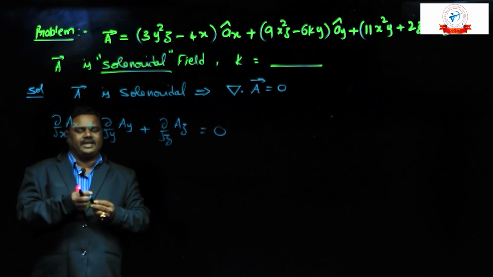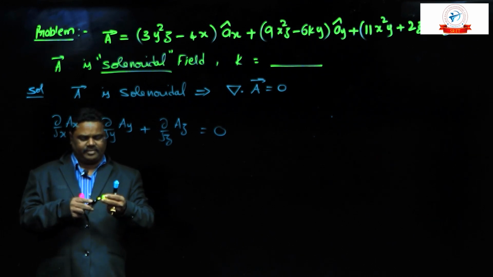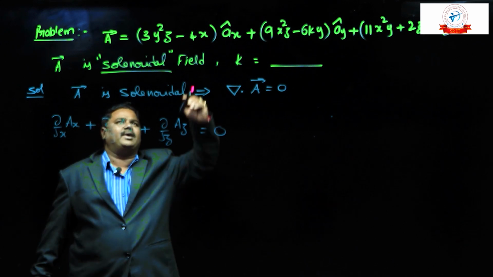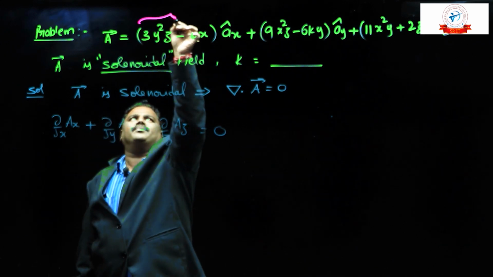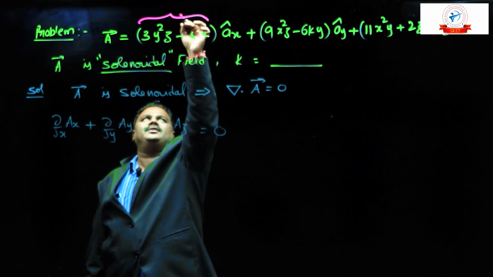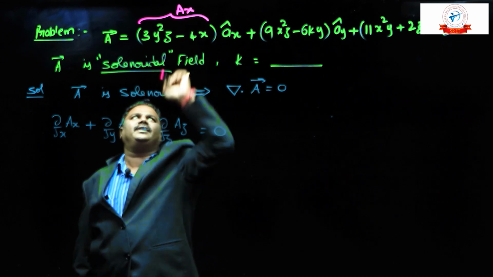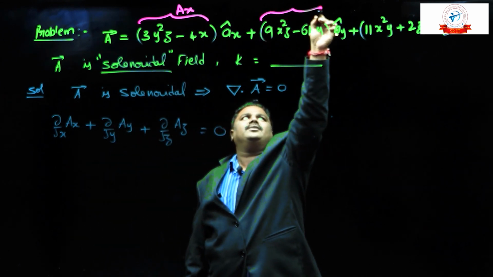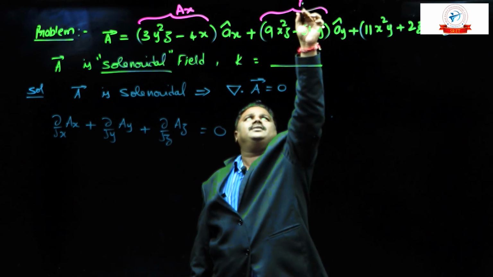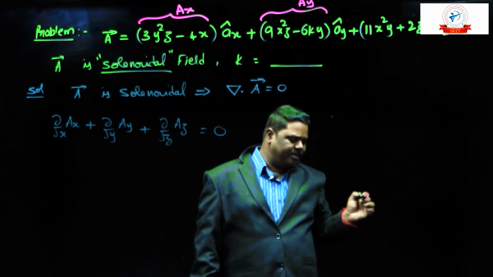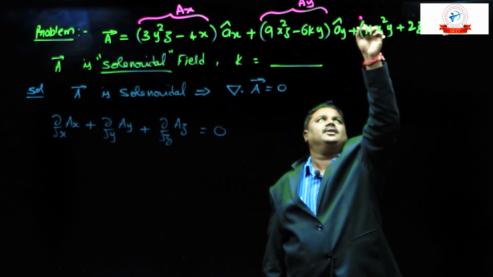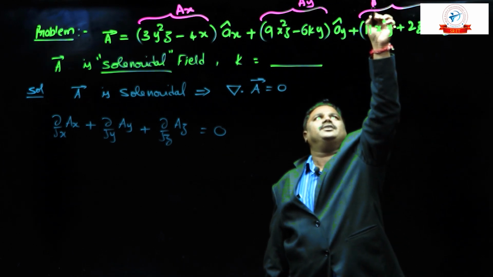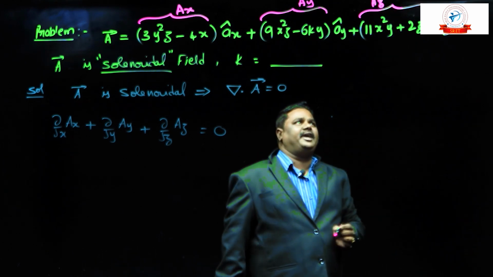Now, let us identify the different components in A bar. In the given A bar, the total term multiplied with ax cap is called the x component Ax. The second term multiplied with ay cap is the y component of A bar, Ay. And the third term multiplied with az cap is called the z component of A bar, Az.